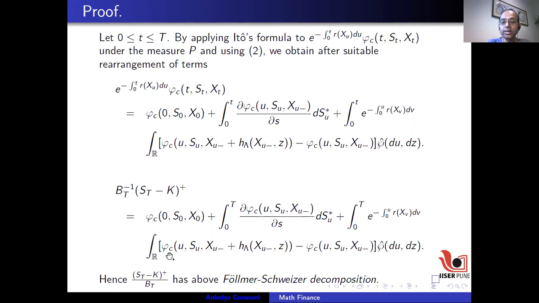This is the Föllmer-Schweizer decomposition, because these are in the L2 theory, square integrable, and all are true. This is also independent and orthogonal to the martingale part. So obtaining this decomposition is sufficient; from there you can answer the question of pricing and hedging together.